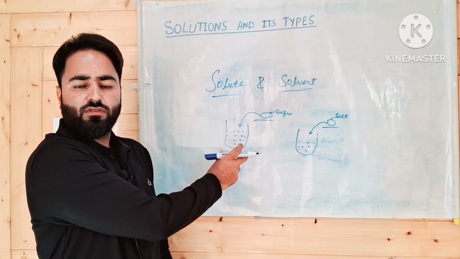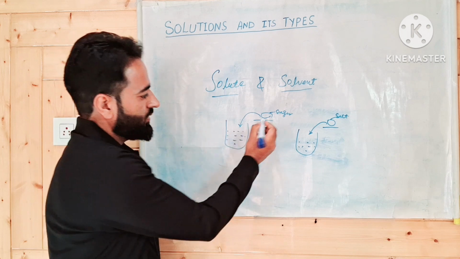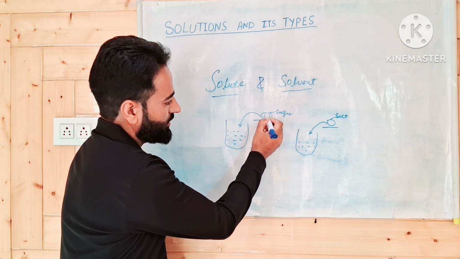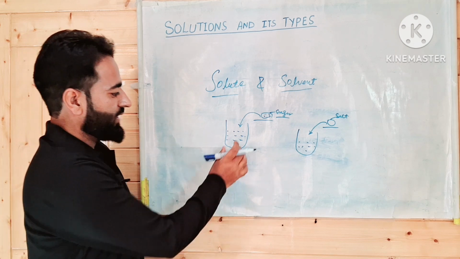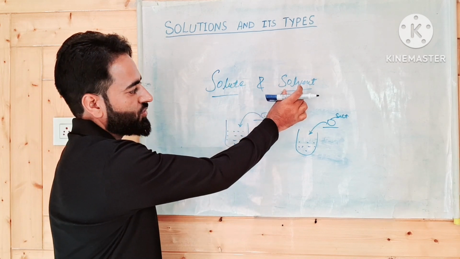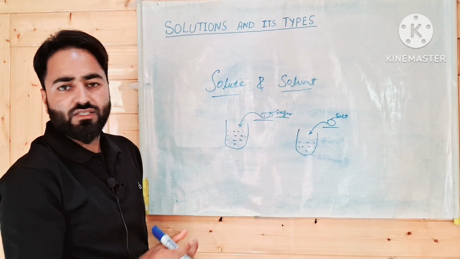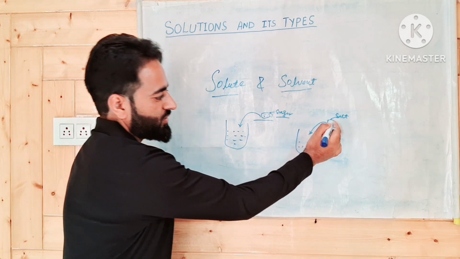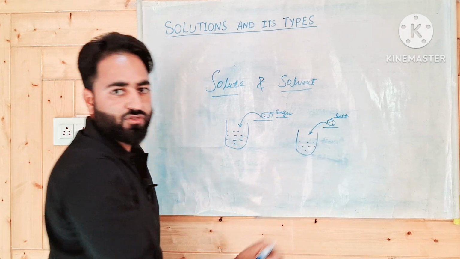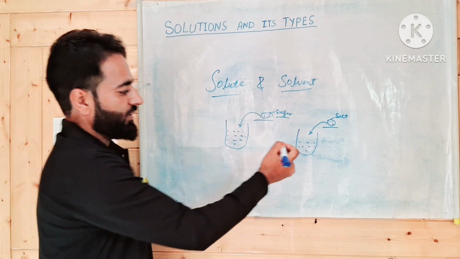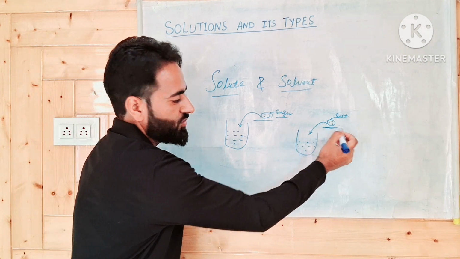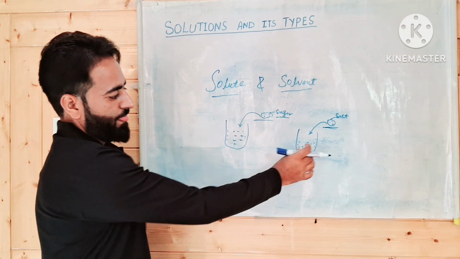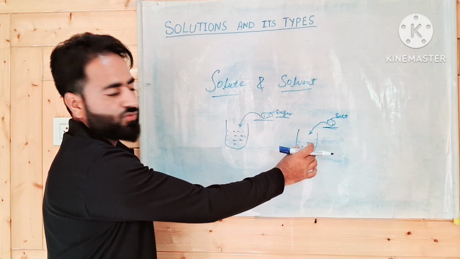In this sugar solution, the sugar is called the solute and the water is called the solvent. Similarly, in the saline solution, the salt which we add in a glass of water is the solute and the water is the solvent.